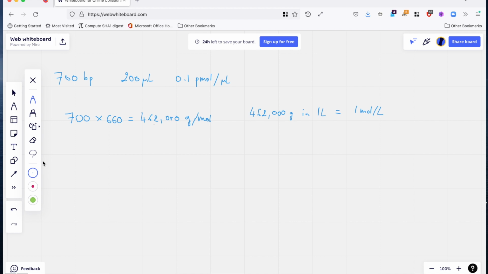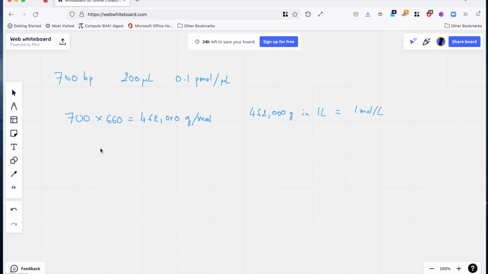So now how do I solve the problem of getting to that particular volume and that particular concentration? Well, I'm going to take the approach where I'm just going to divide by how much smaller a volume I need and how much smaller a concentration I need compared to 1 mole per liter. So we start with the concentration. So 1 mole per liter means that we put that amount here of grams into 1 liter.